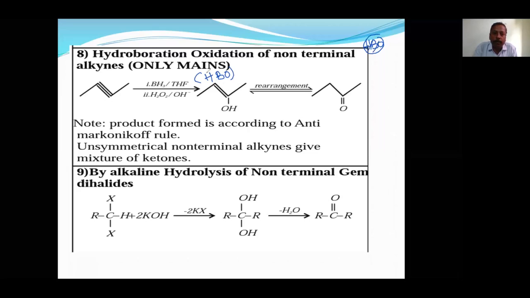Here, HBO means hydroboration oxidation of non-terminal alkynes. Non-terminal means there is a triple bond with alkyl groups on both sides. Whenever you say HBO, these are the two reagents: diborane in THF. THF I have already explained, tetrahydrofuran. What is furan? What is tetrahydrofuran?